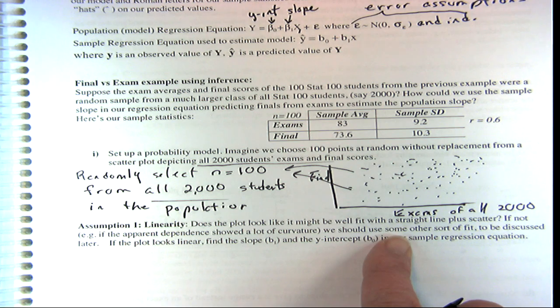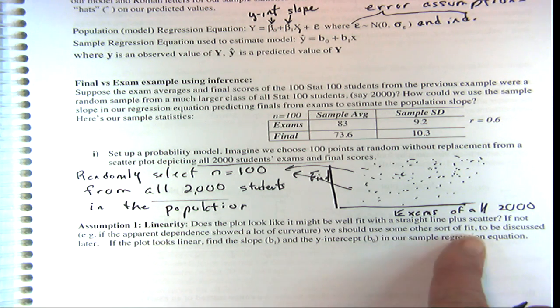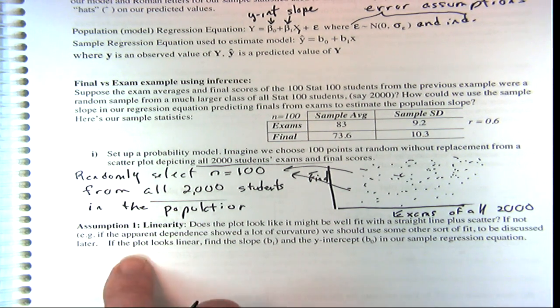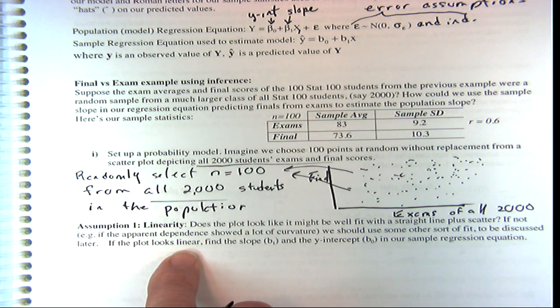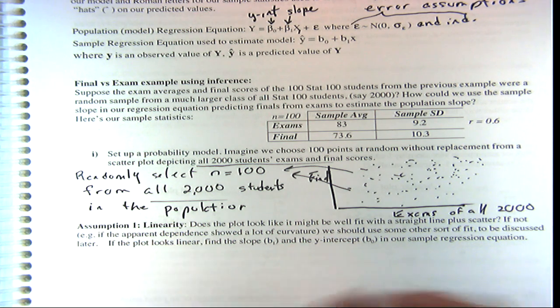And that will be coming up, we'll be doing that later in the semester. We'll look at what happens when we have a curve instead and how to handle that. But right now, if the plot looks linear, then we can go ahead and fit the linear regression equation to that plot.